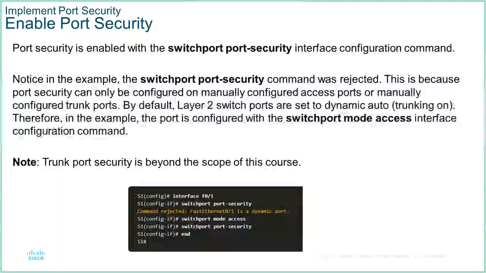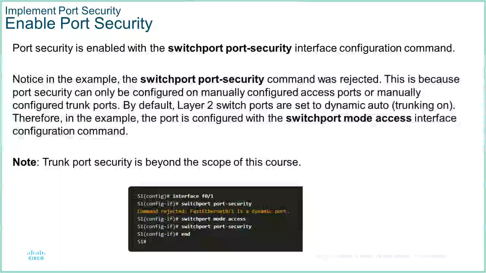So port security needs to be on an access mode port. By default our ports are dynamic. They can be either a trunking port or an access port. So when we want to instigate port security, we need to kick it into access mode and then apply the port security.